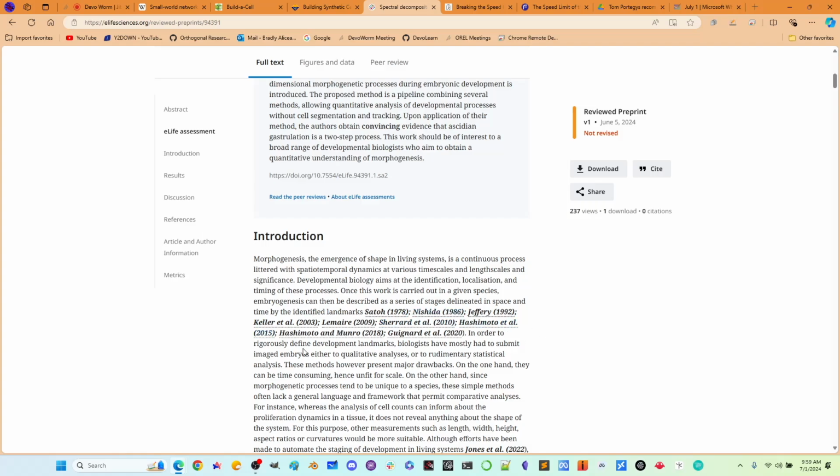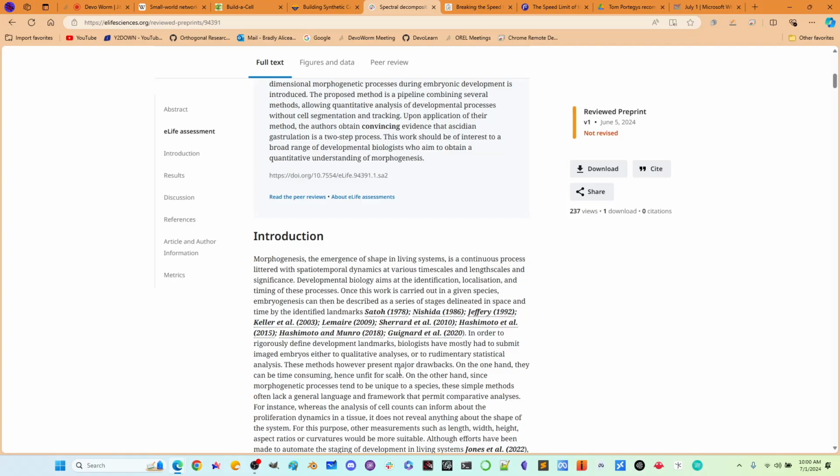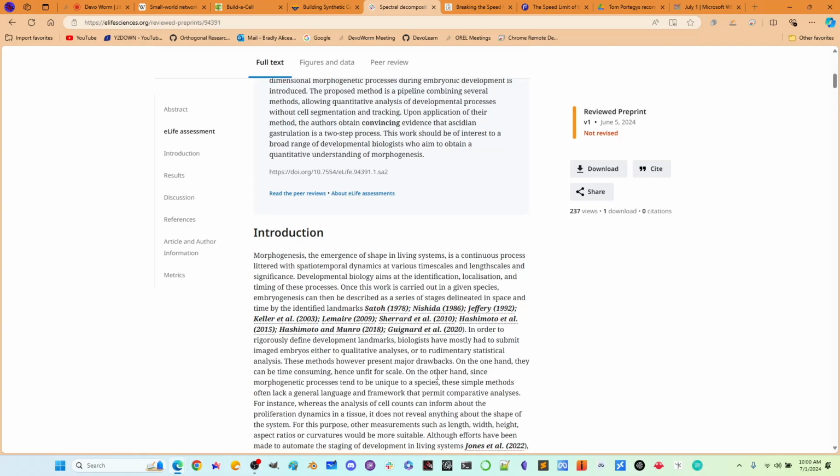This is congruent with our feature-based approach, because you're finding these landmarks in the embryo's morphology, and you're using those landmarks to connect between them and look at how the embryo changes. That can give you some information, but not the full story.